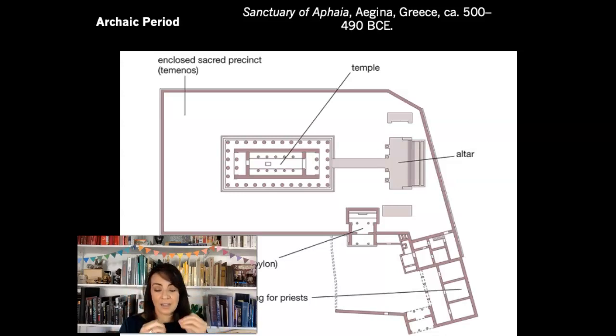The god can occupy this temple, look out the front doors, and see the main altar where the priests and priestesses would have their performance and their ceremonial offerings to that god or goddess. You and me, we ain't going inside. We stay outside of these walls. This is an example of a typical Greek temple and complex.